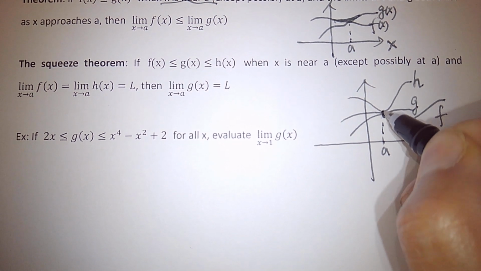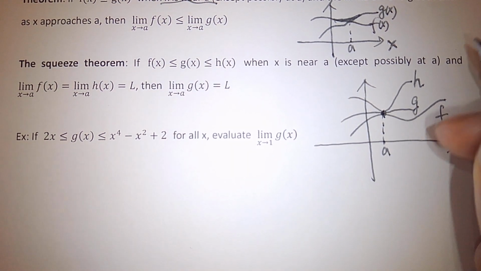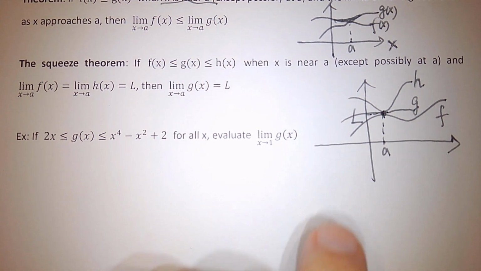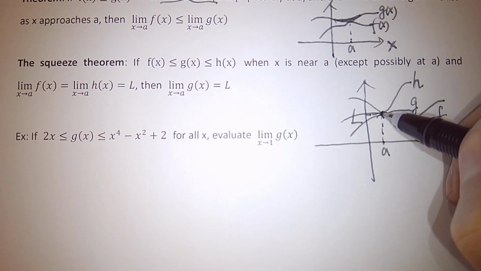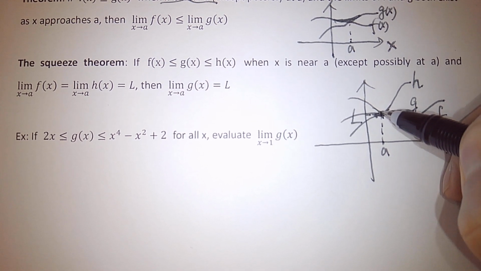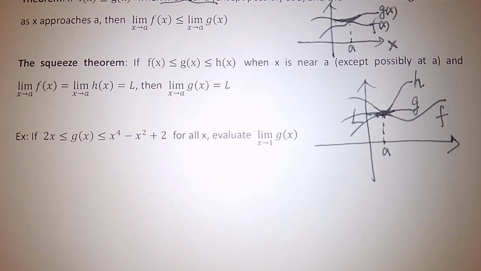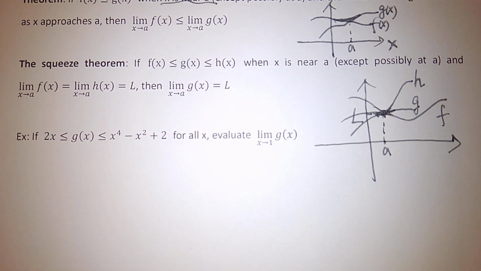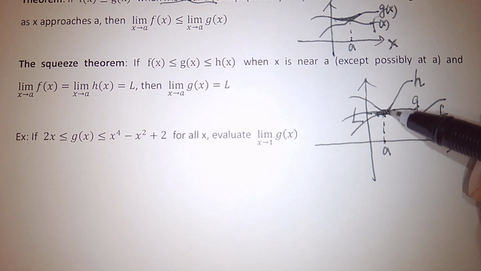If there's a touch, the intersection of all three, what do you think? Yes or no? Yes. So all three graphs touch each other here when x equals a. We don't care about x equals a, actually.